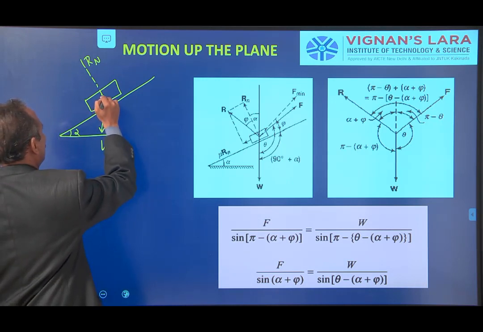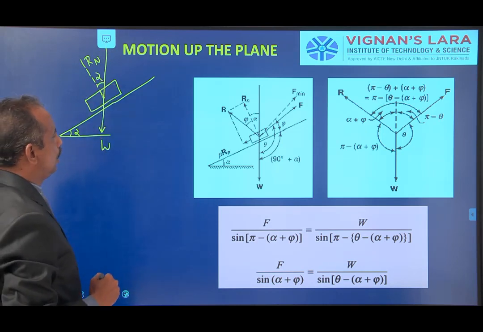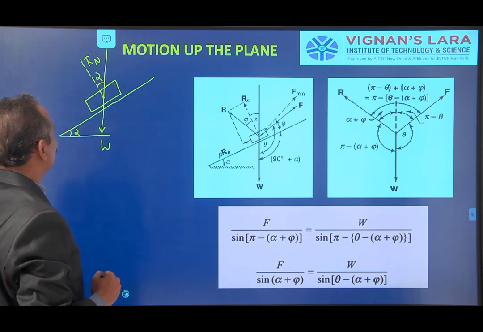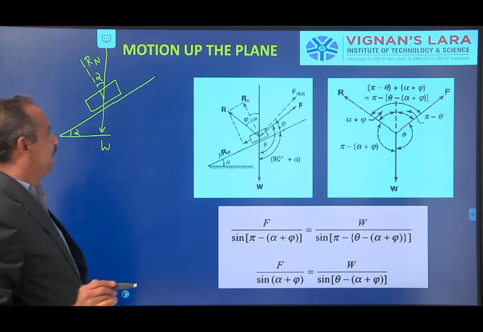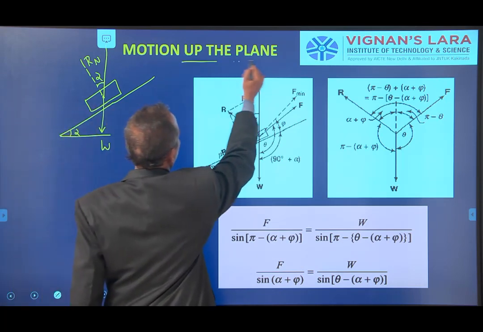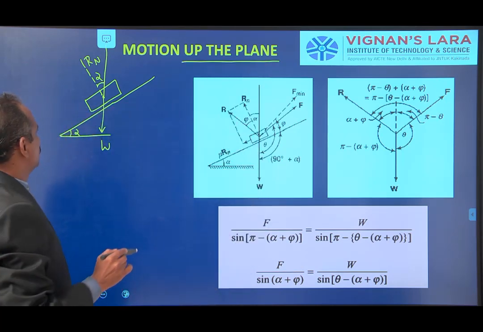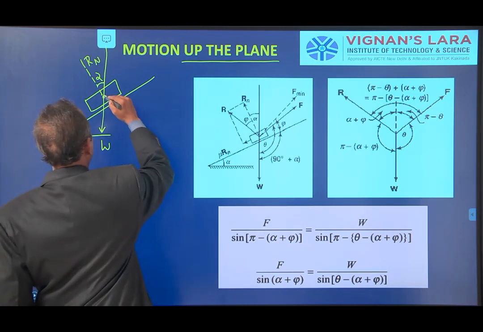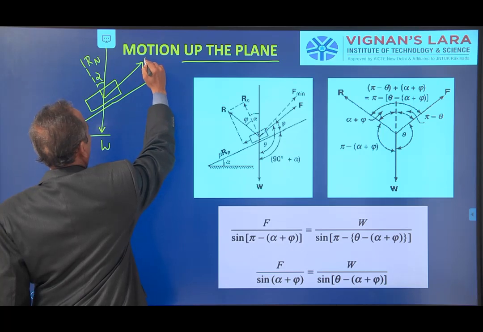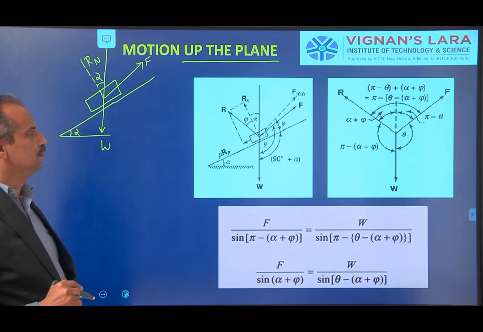As per the previous way, this angle also becomes alpha. Then you can see, if you want to move this body up the plane, we have to apply a certain force. In which direction do I have to apply the force? I have to apply a force F.